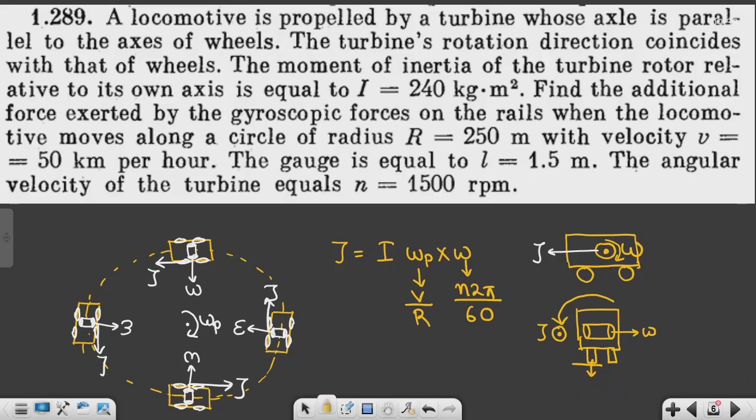So let the length, the gauge, be equal to 1.5 meter. So this length is nothing but 1.5 meter. Torque is nothing but force into length. If I consider this as the axis, torque is force into length, which is nothing but I omega p cross omega.